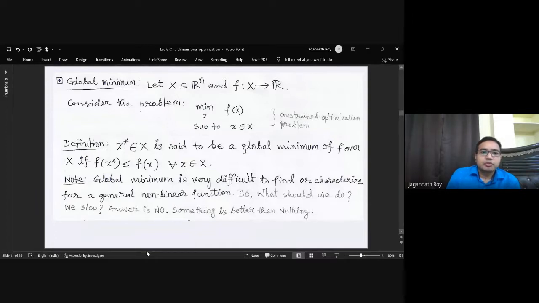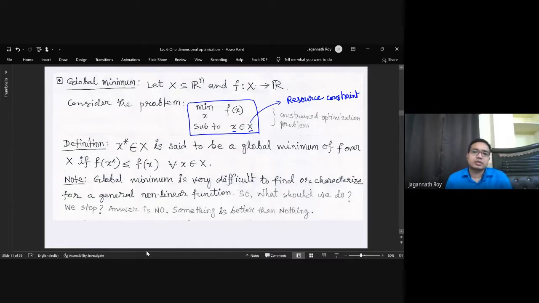So if you consider one constrained optimization problem, minimize f(x) subject to the constraint x belongs to capital X, where X is the resource constraint. And then we define the global minimum point for this problem.